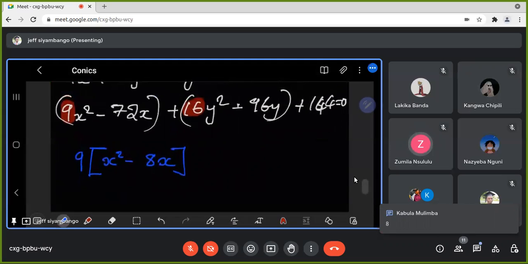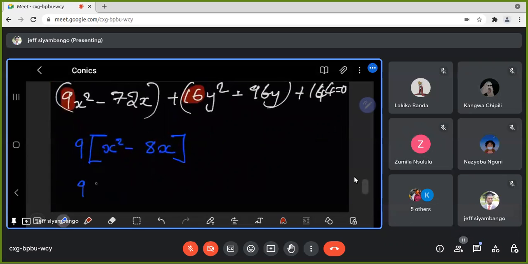Then from here, we can complete our square. x squared minus 8x, you know how it goes: half this, add it, subtract it. It's minus 8, so half of minus 8 is minus 4. Square it, add it, then subtract it.